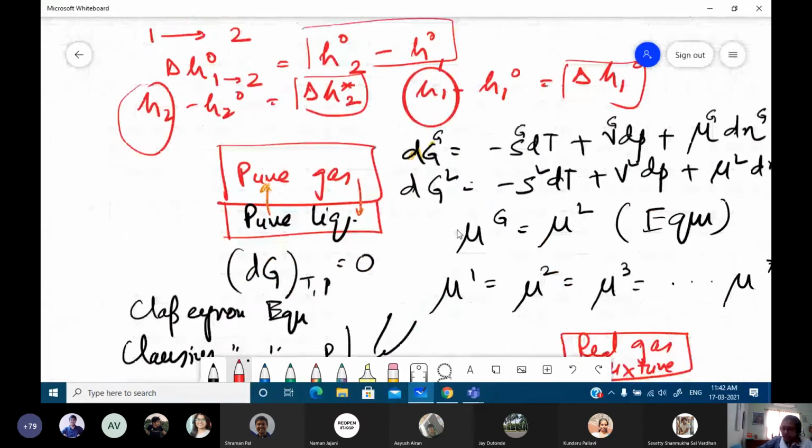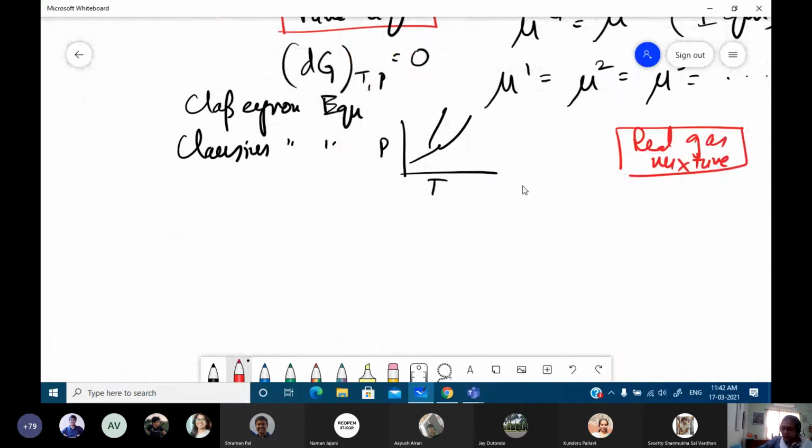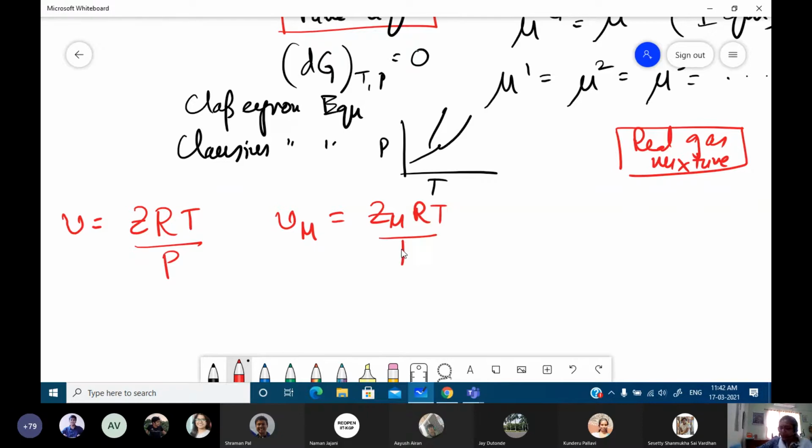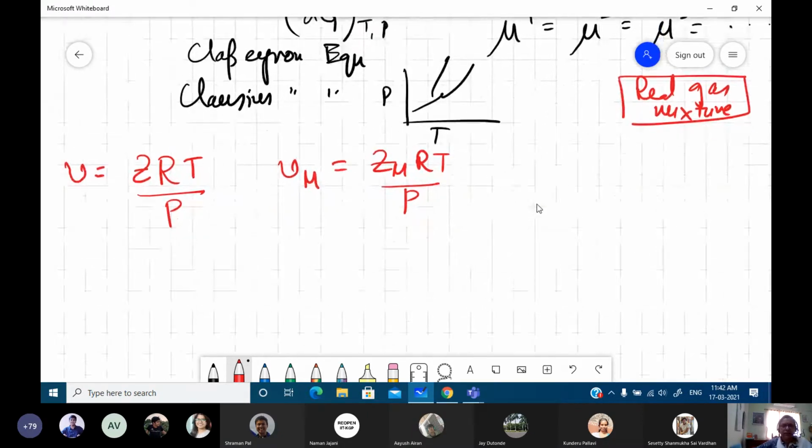For pure gases, if it is a real gas, you have V equals ZRT by P. When you have a mixture, naturally it's going to be the molar volume of that particular mixture. Now, this will be equal to Z_m RT by P. Okay, we are talking only of gases.